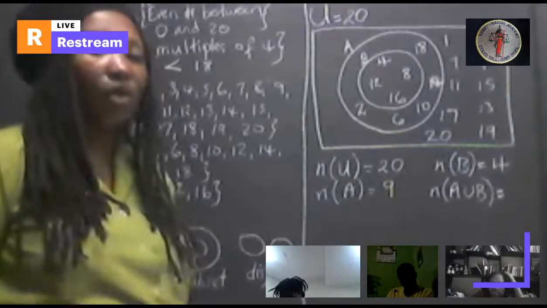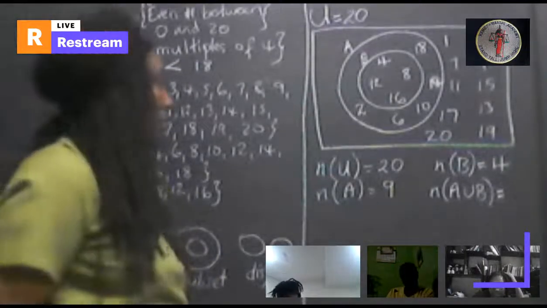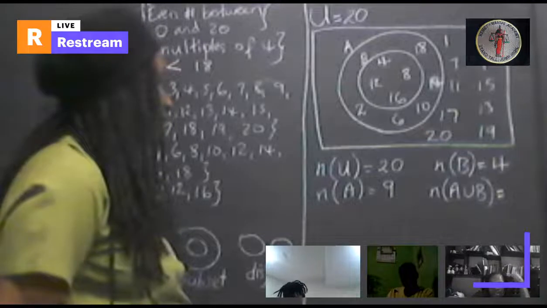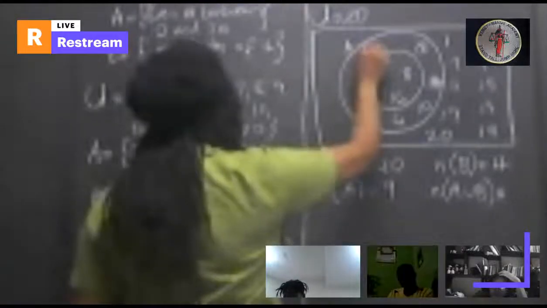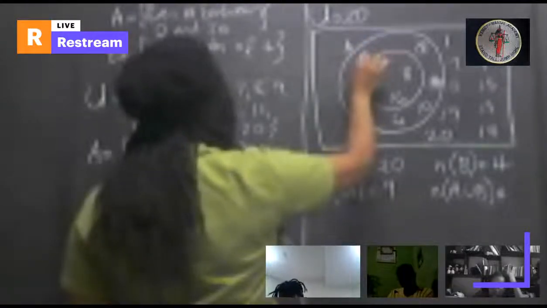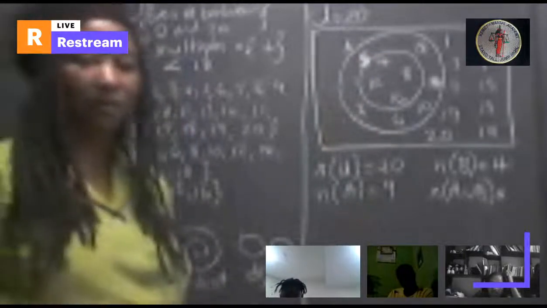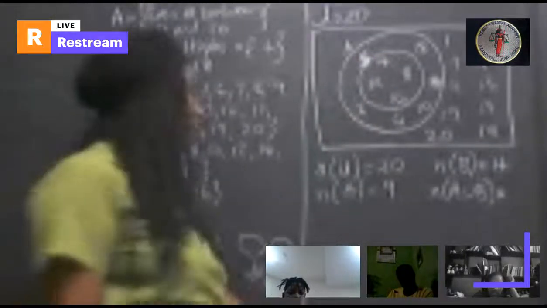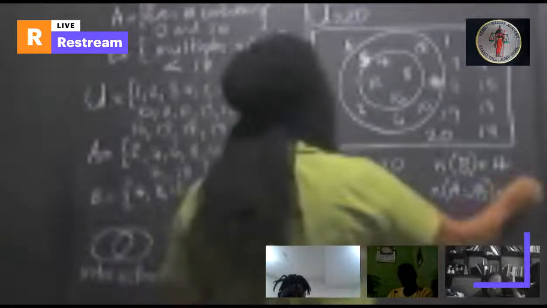Miss, is it 10? How did you get 10? Miss, because all the elements that are in B are in A. So it's 9, miss. All right, there's 9 in the union.